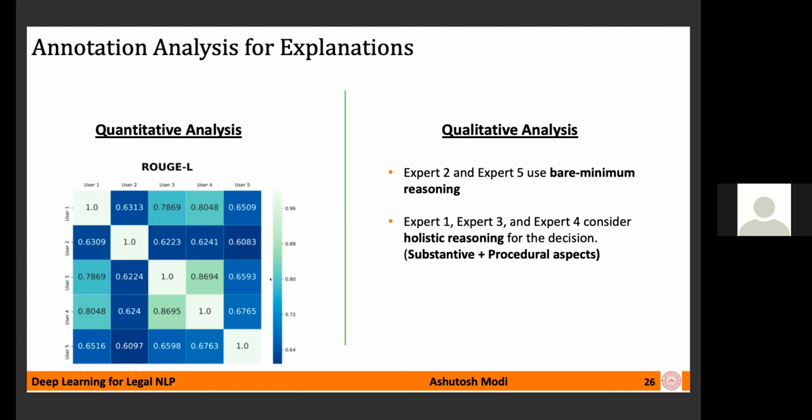As you can see, user 3 and user 4 have a significant amount of agreement in what sentences of the documents they choose as explanation. However, sometimes it could be as low as 0.608, as you can see in the diagram on the left. This points towards the subjectivity and complexity of the task.